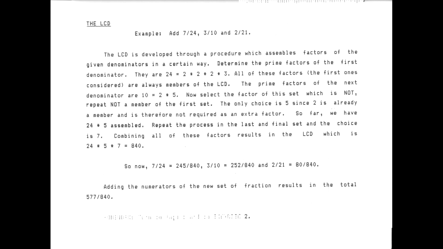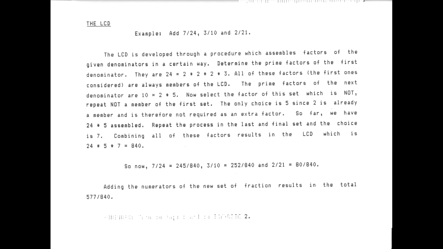Now, if you have to, you could use your calculator to work out these numbers. In the next fraction, divide 10 into 840, and 84 is multiplied by 3, and 84 times 3 is 252. So 252 over 840 is the fraction that is equivalent to 3 over 10.